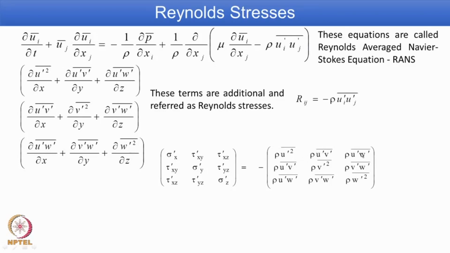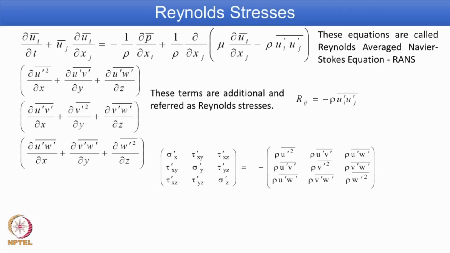Similarly, the other component u'w', the last element in the first row, and first column last element u'w', they are the same. Hence, originally we have 9 unknowns, 3 by 3, 3 diagonal normal stress terms and 6 off diagonal shear stress terms.